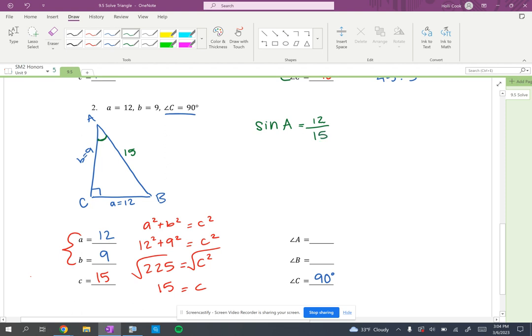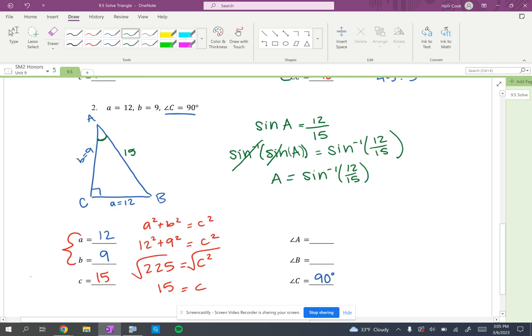Okay, and then we need to do our inverse sine on both sides. Inverse sine. And then on our left side, our inverse and our sine cancel out. So we get A equals the inverse sine of 12 over 15.